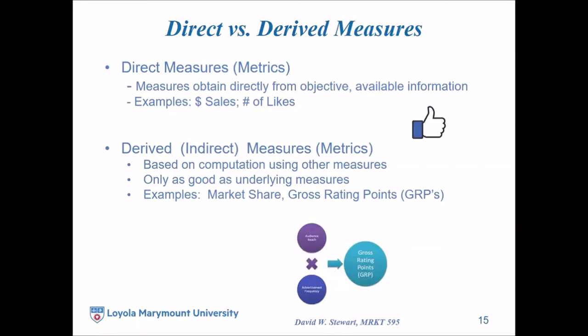It's a frequency measure. So GRPs really represent a kind of combination of reach. Reach defined as how many households I'm reaching at least one time in a given period. And frequency, what's the average number of times the household is being exposed to my ad. And the media networks basically sell you GRPs.